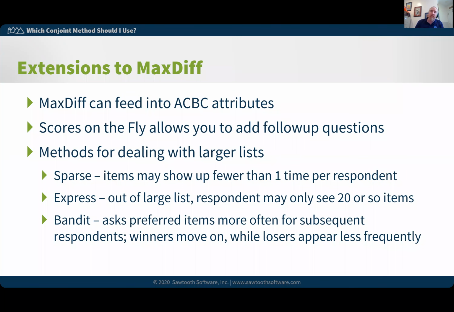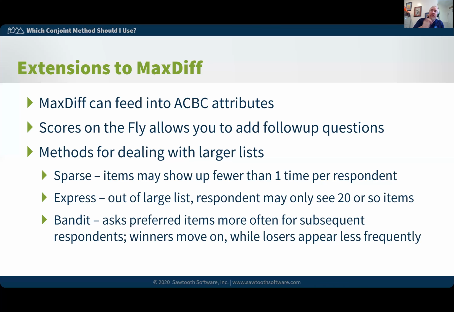And thirdly, there's a banded option where you can have the software adapt as respondents are going through it. The first, maybe 20, 30, 50 respondents are going to get a random draw of your 100 items. So maybe we're only showing them 20, but they're getting 20 randomly of the 100. But once you start getting past the 20, 30, 40, 50 respondents, we're going to look at the first respondent and say, okay, how likely was it that this thing was the best item?